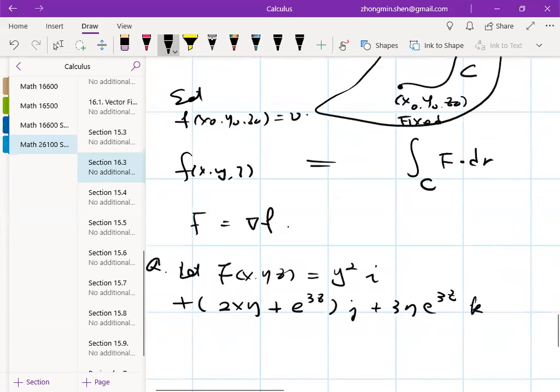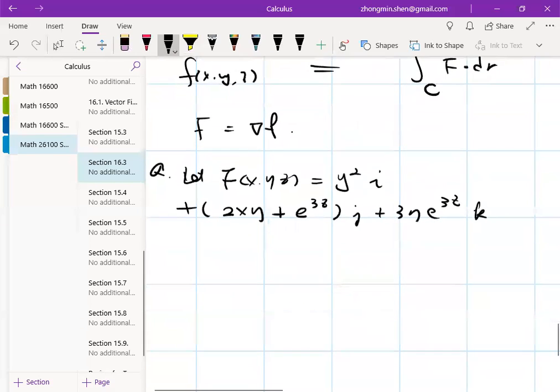Okay, so this is a vector field defined in space. Is it conservative? If so, find the little f of x, y, z.